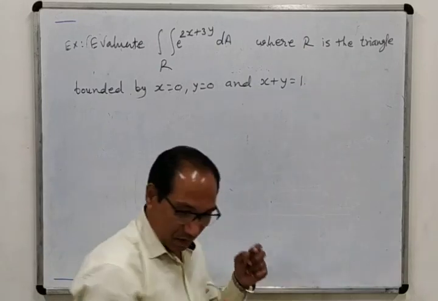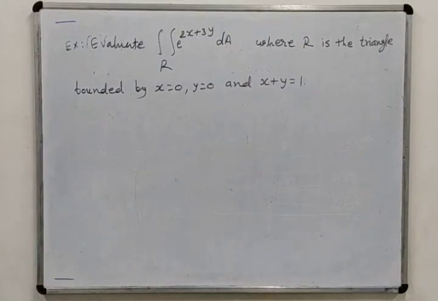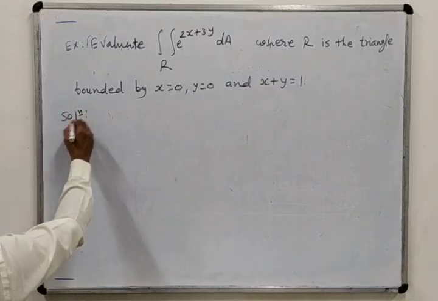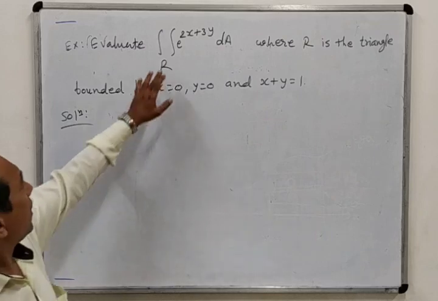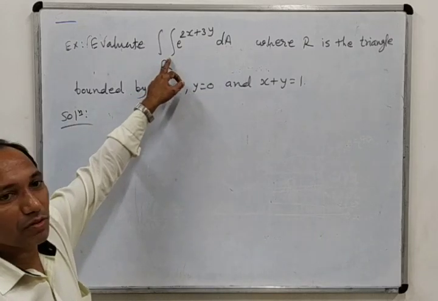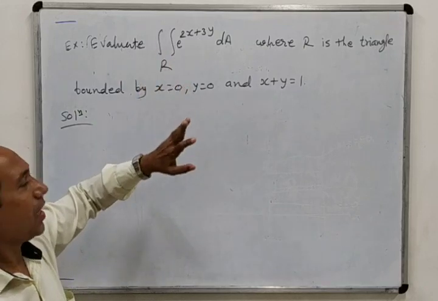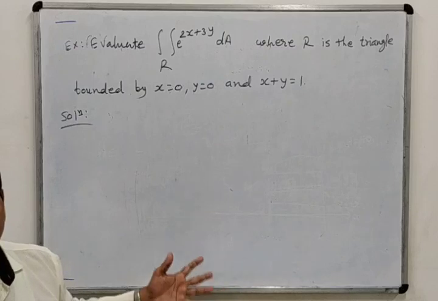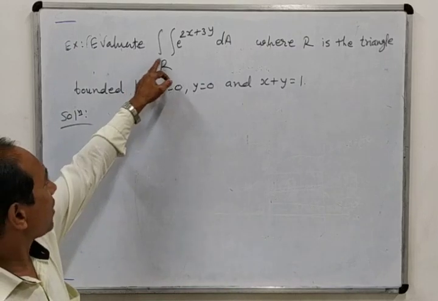Okay, so now see in the solution part, in the example we want to evaluate this double integration where the limits of integration are not given. As I told you, if the limits are given, then we can proceed directly to integrate, but here limits are not given.